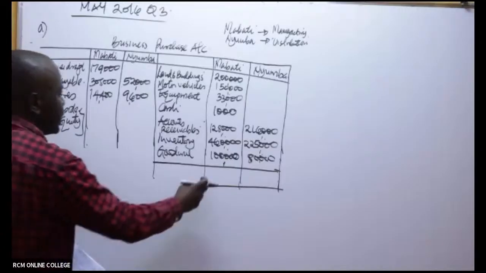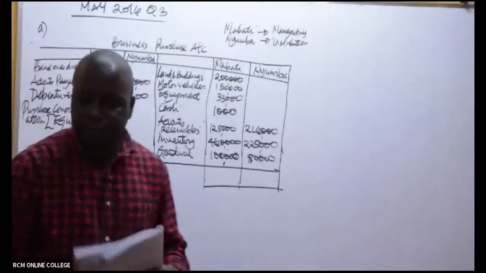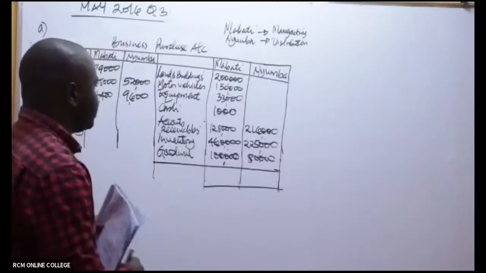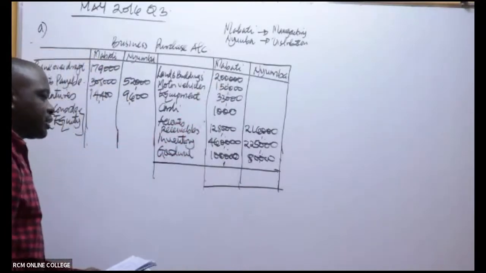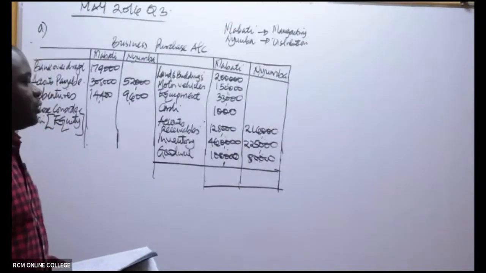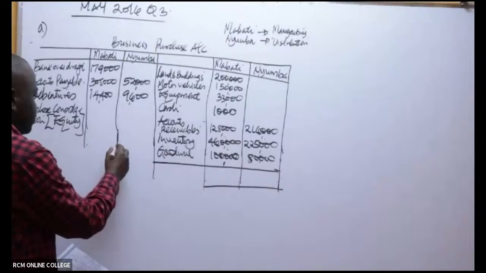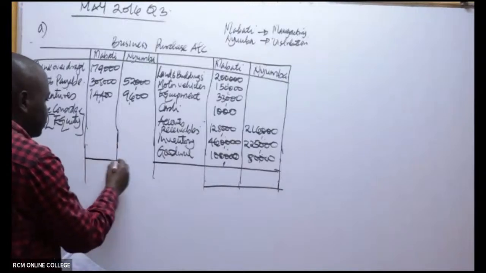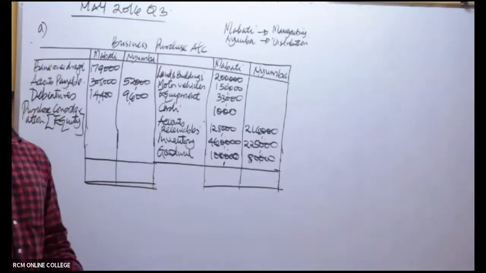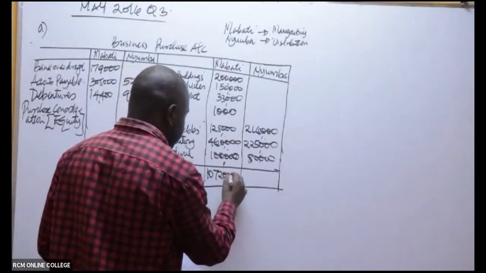So what is the total you are getting here? For Mabati, if you add all those figures, what are you getting as the total? For Mabati, I can see you are saying 1072 million.